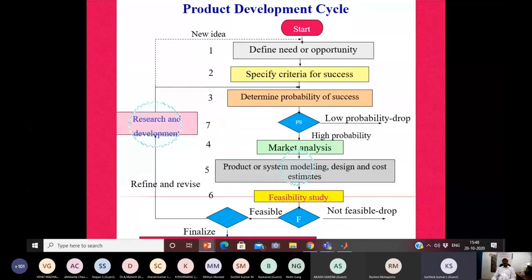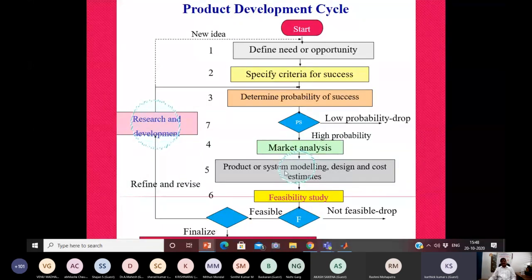That's why there is a new need to develop this type of power-free tracking system so that overall efficiency can be increased. Then we have to cross check whether there is a probability of success or not.